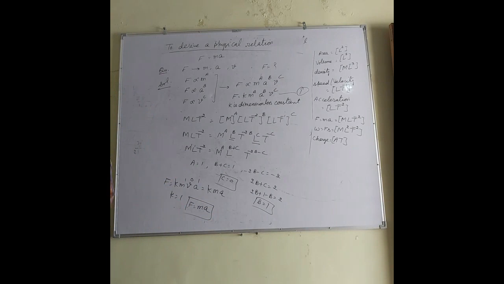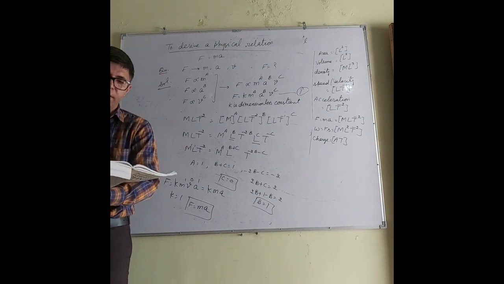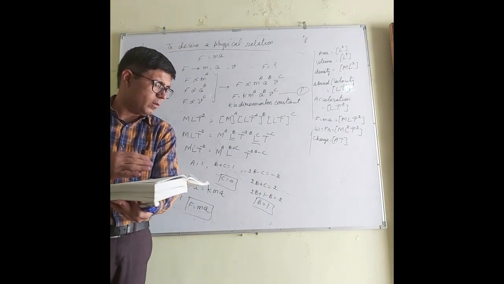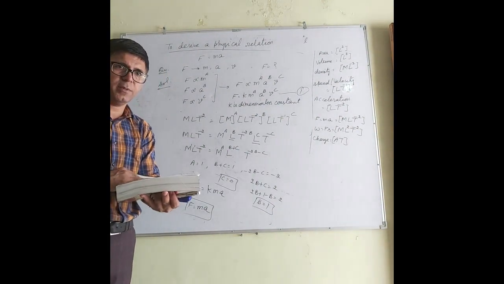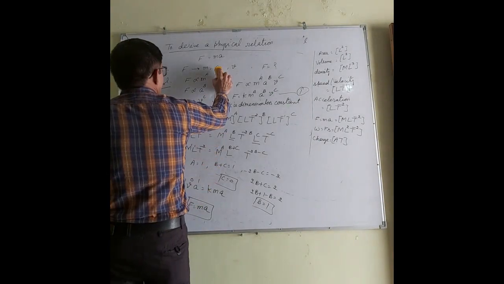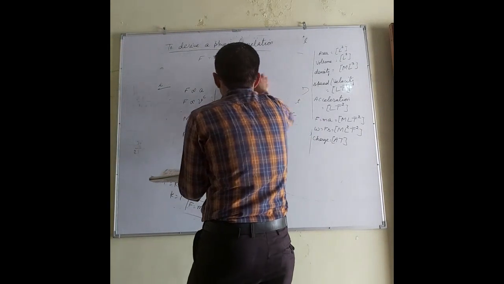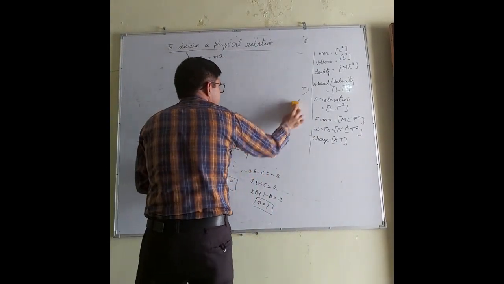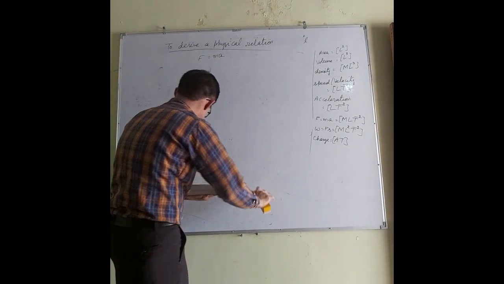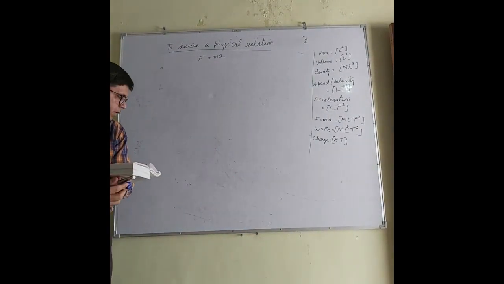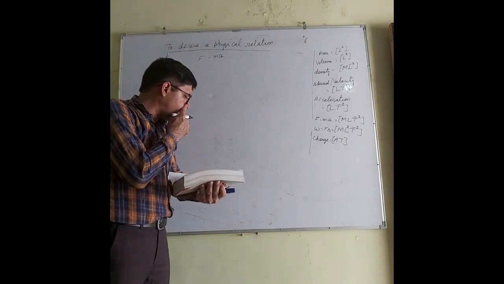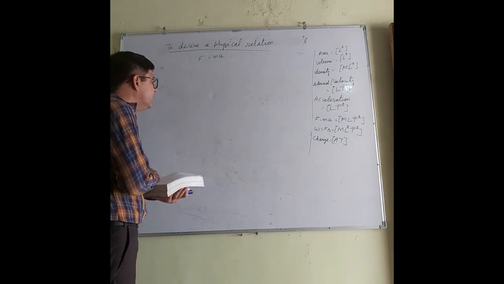Let me see if he has asked any problem which is based on this derivation of the formula. Yes, there is one question that has been asked on the basis of this, asked by one of the students as a query. Use the method of dimensions to derive an expression for the rate of flow of liquid.